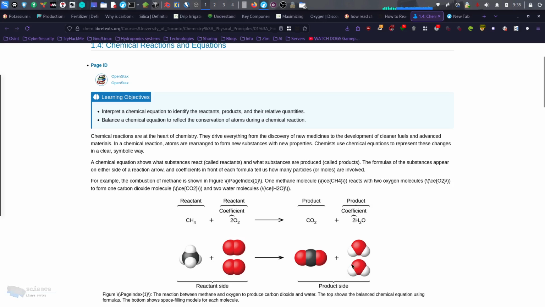And we get two water molecules, H2O. And what substances are produced? Called products. The formulas of the substances appear on either side of a reaction arrow. And coefficients.